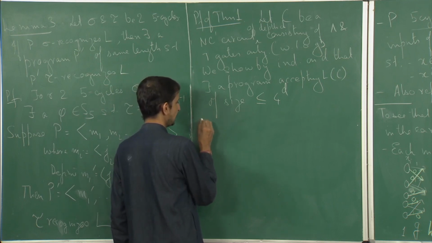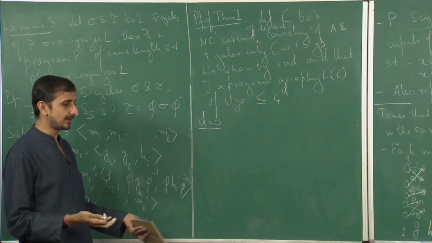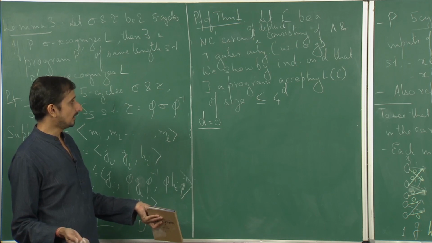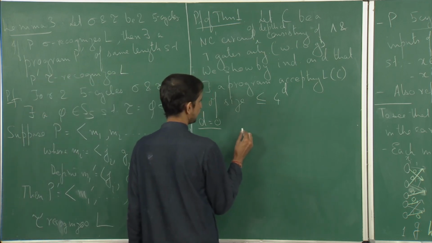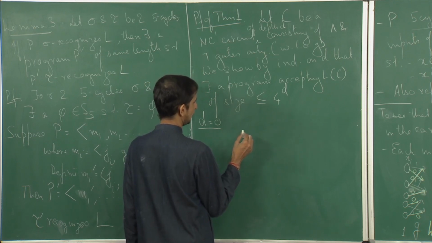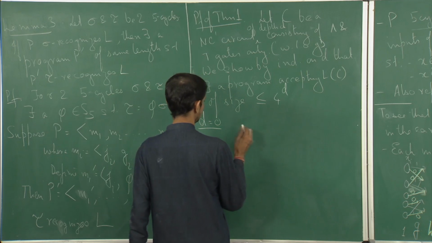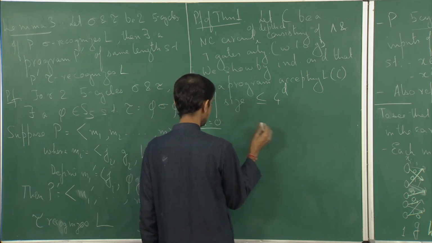For D equal to 0, I do not have any gates. So, the circuit either has variables or constants.